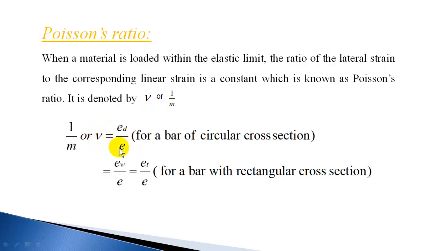Higher the Poisson's ratio, that means there is a large change in the lateral dimension, or lateral strain is more. Low value of Poisson's ratio means lateral strain will be considerably less due to axial forces. So it is producing least effect on the lateral dimension when it is loaded.